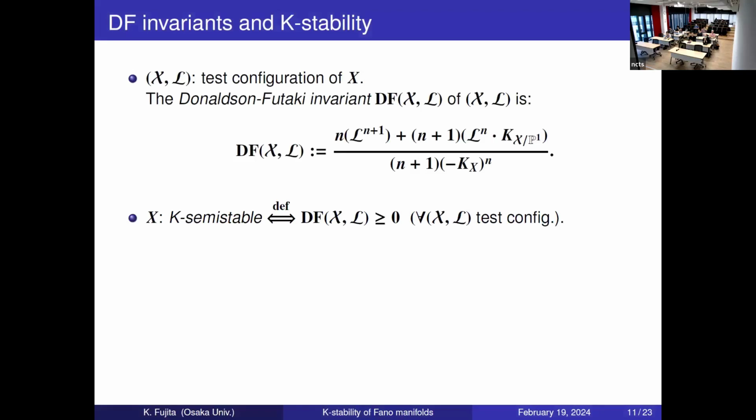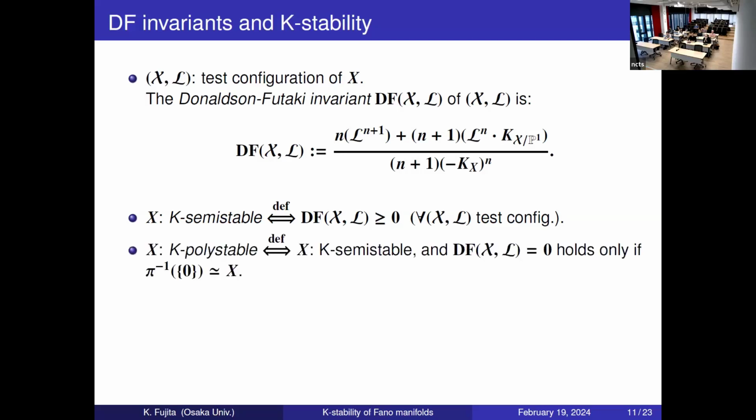Now we are ready to say what K-stability is. Firstly, X is K-semistable if for any test configuration, its Donaldson-Futaki invariant is non-negative. K-polystability and K-stability are similar. X is K-polystable if it is K-semistable and equality holds only if the degeneration is X itself.